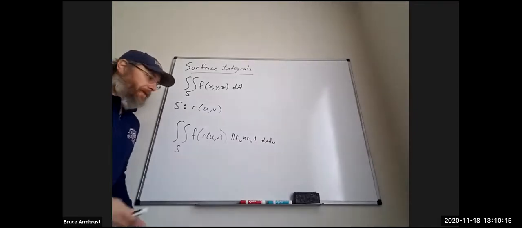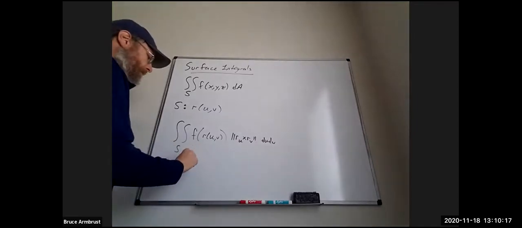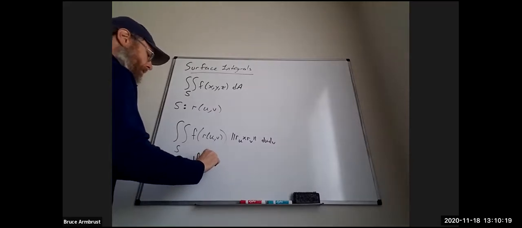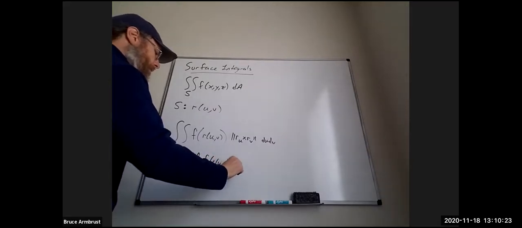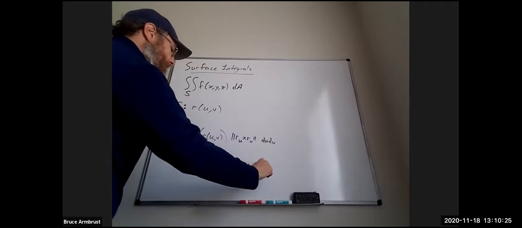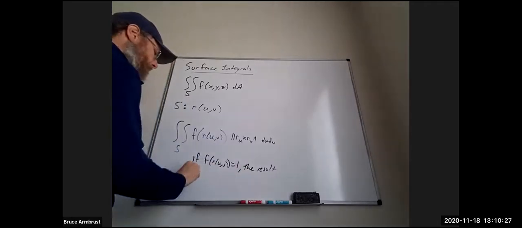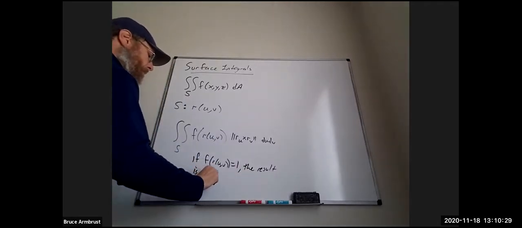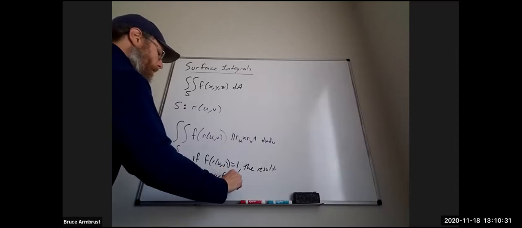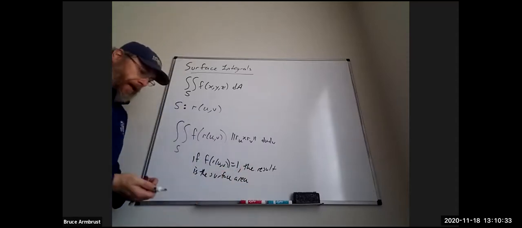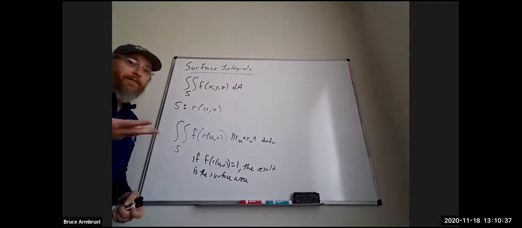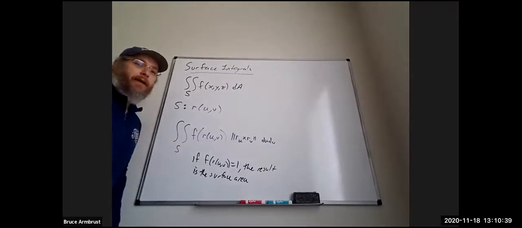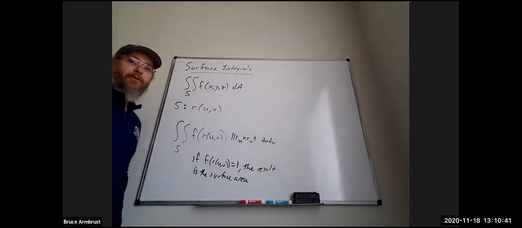When this function is equal to 1, then the result is the surface area. And that's pretty much the one and only application we've talked about or done, but I've hinted at some other things you can do with it.